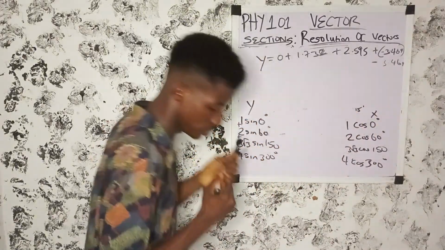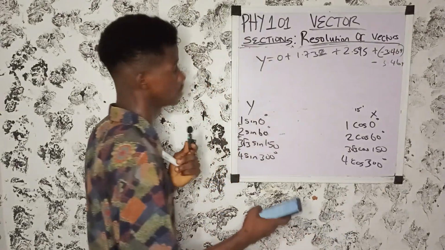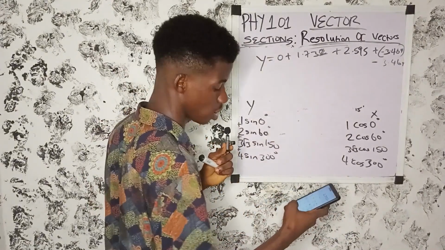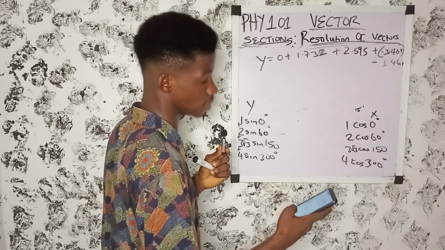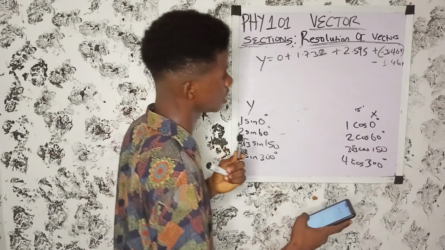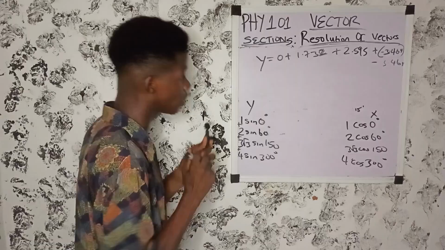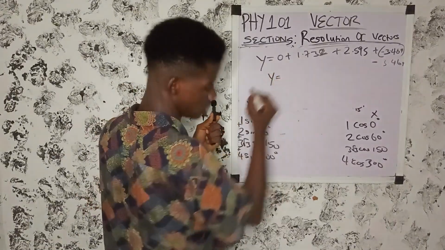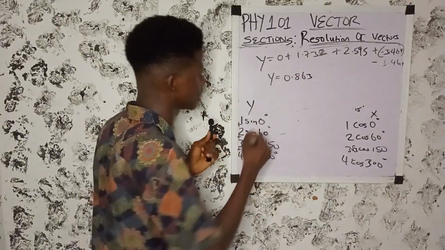So 1.732 plus 2.595 minus 3.464. So our y is 0.863.